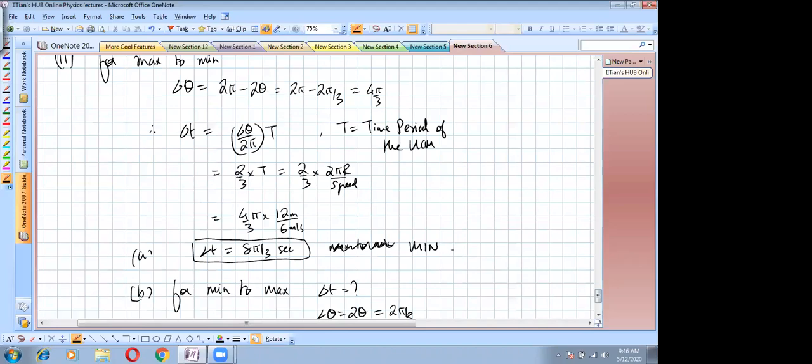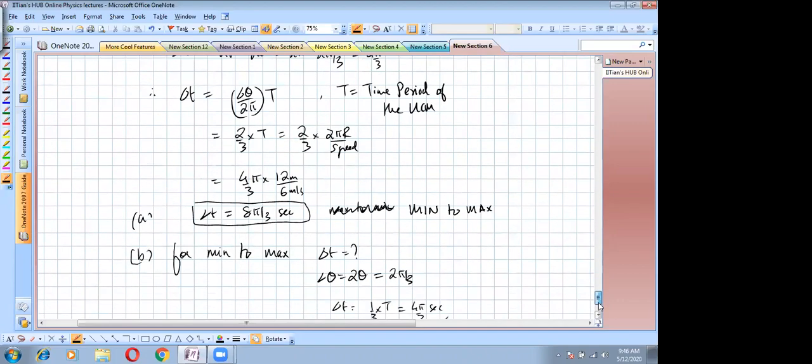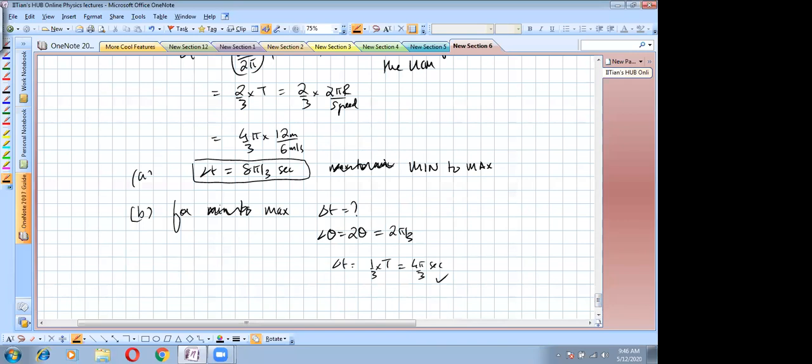The top position was minimum, and the position below, which I had marked in red, this is minimum to maximum. This was from the blue position where it was minimum to the red position below where it was maximum. So this is maximum.